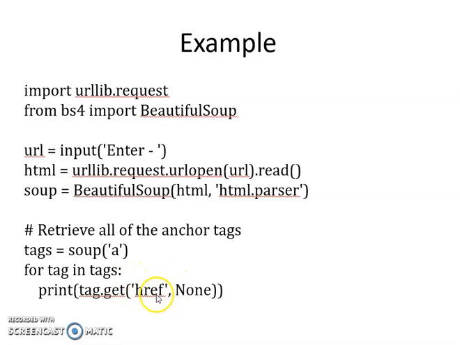Check for this href. If it finds that href, whatever data it has, print that URL link. If you don't have it, then it is going to print None. You know how the get method works on a dictionary. It is the same thing we have written here to retrieve all anchor tags using the BeautifulSoup library.